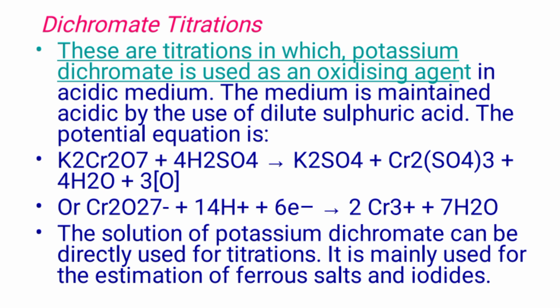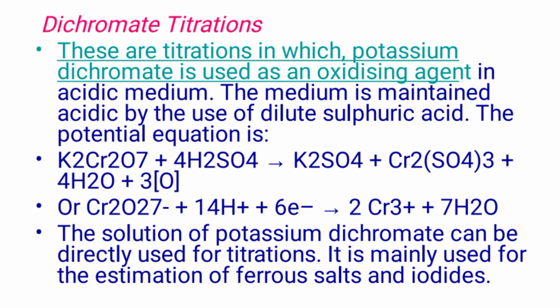The equation is K2Cr2O7 plus 4H2SO4 is equal to K2SO4 plus Cr2(SO4)3 plus 4H2O plus 3O, or Cr2O7 2- plus 14H+ plus 6e- is equal to 2Cr3+ plus 7H2O.